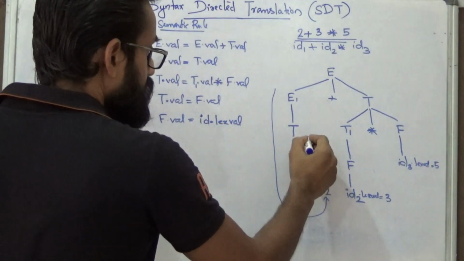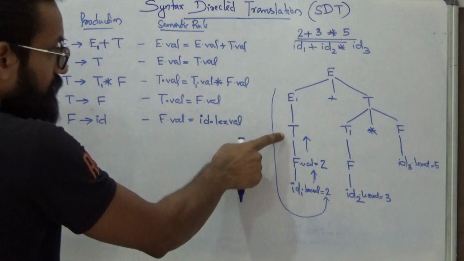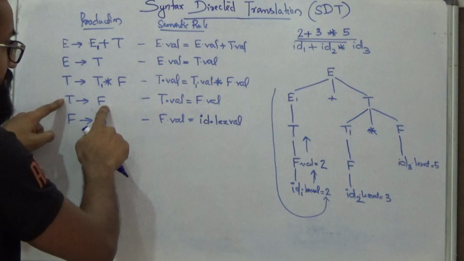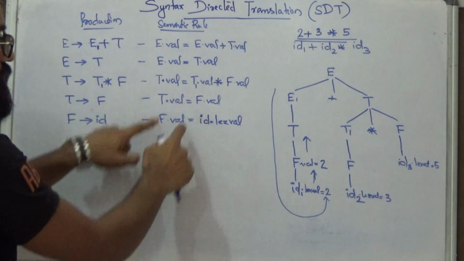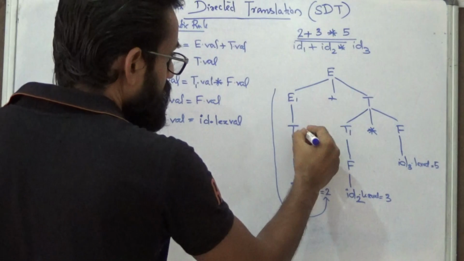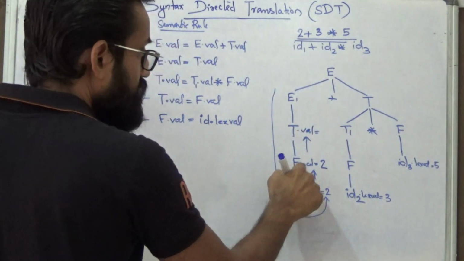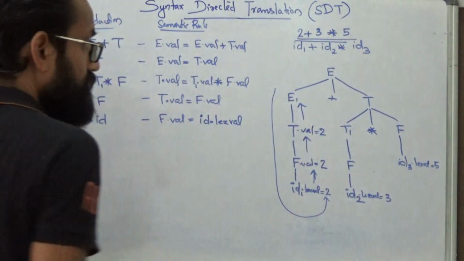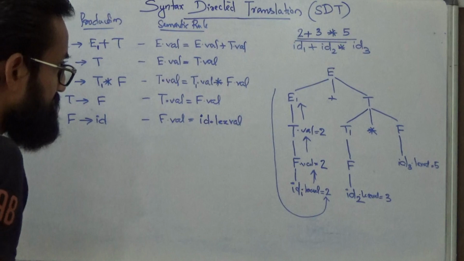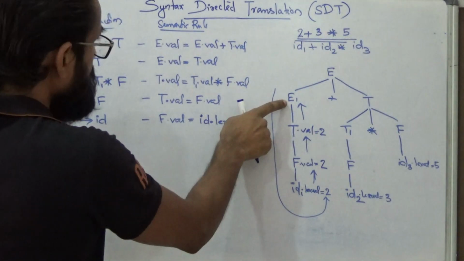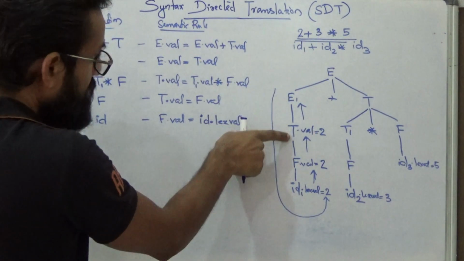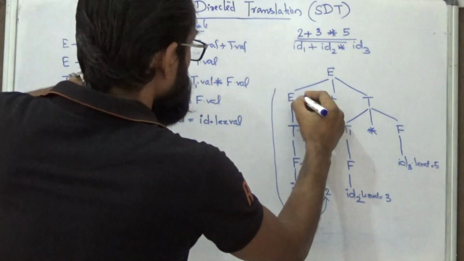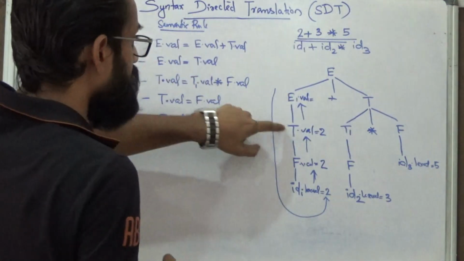And again when you move back, you can identify a reduction T giving F. For T giving F, the associated semantic rule is T.val equal to F.val. So T.val will be assigned the value F.val, which is 2 itself. Then when you move through the parse tree, you can identify the production E1 giving T. For E giving T, the semantic rule is E1.val is equal to T.val, which is 2.